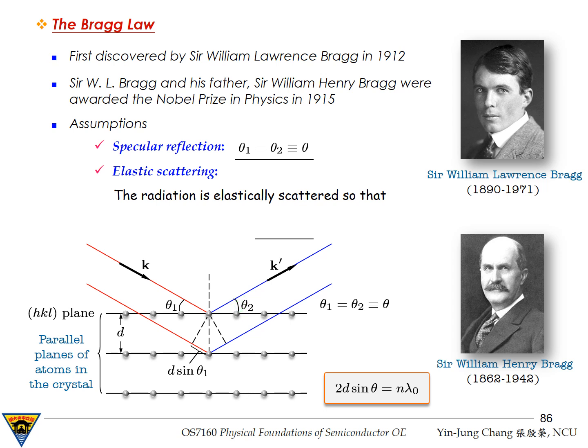And also the second assumption is the so-called elastic scattering, where the outgoing X-rays have the same energy as the incoming X-rays. So the magnitude of the wave vector is a constant, indicating that the wavelength is not changed after the reflection.